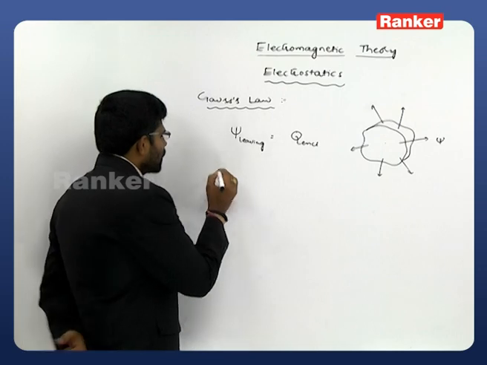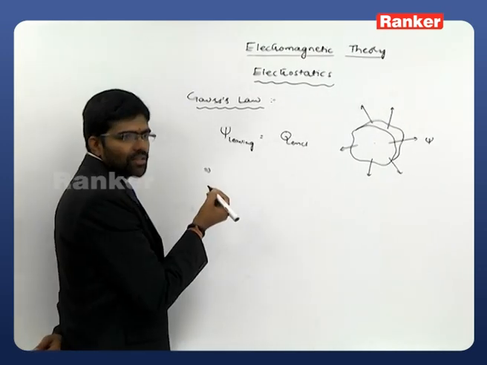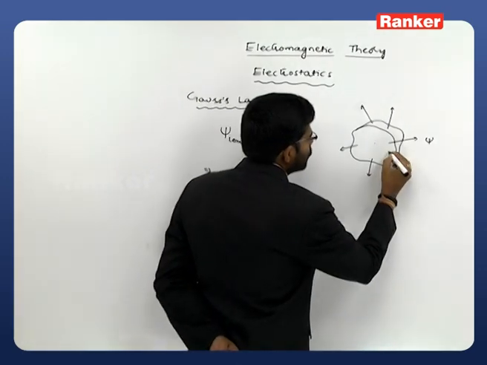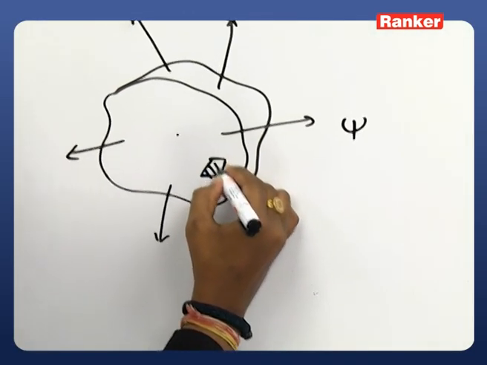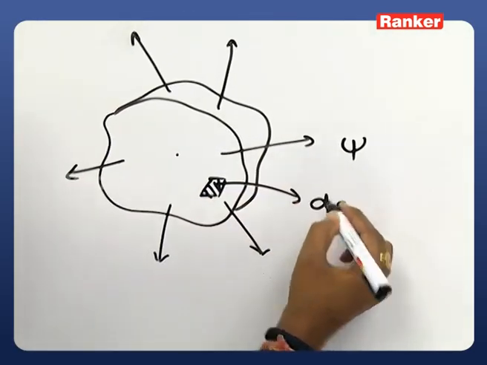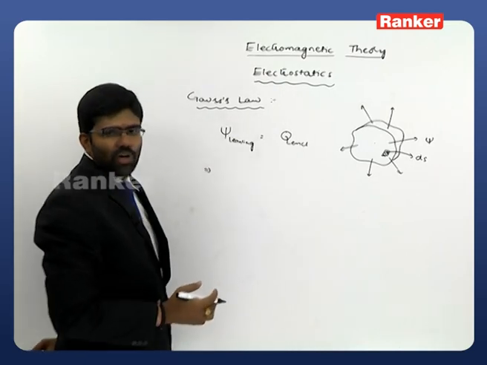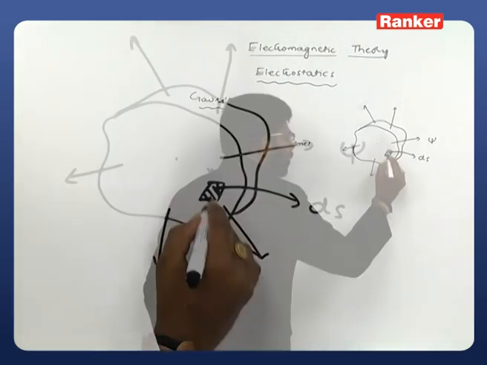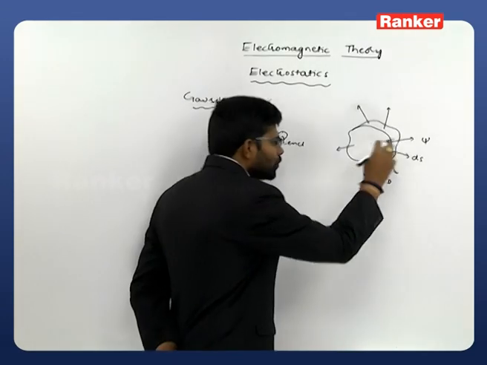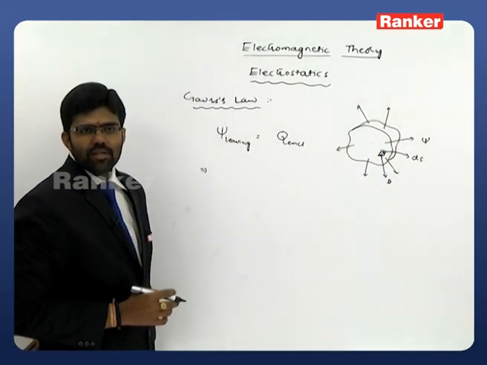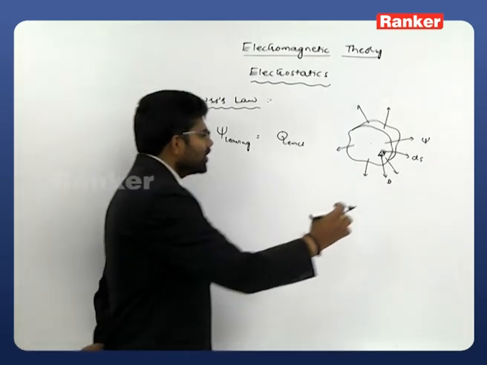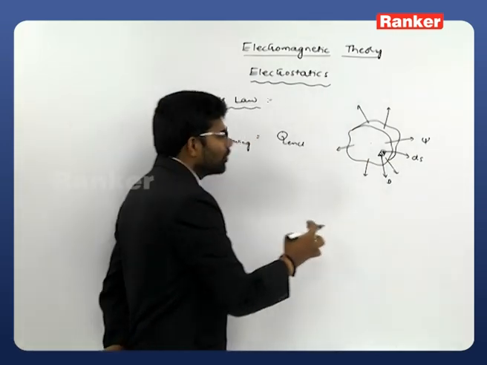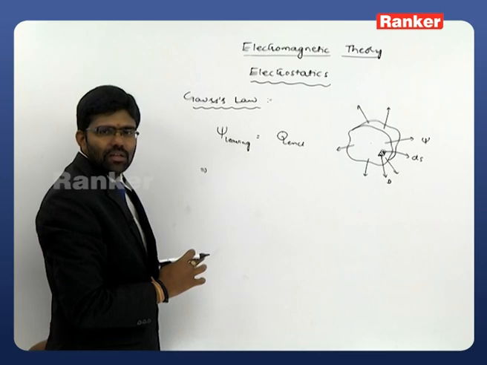Now how do we calculate the total flux leaving through that surface? For that, take a differential surface on that particular volume. Consider that one as ds and observe the flux density flowing through that differential surface, that is D. Now if you integrate this D over the entire surface, then we will get the total flux leaving through that surface.